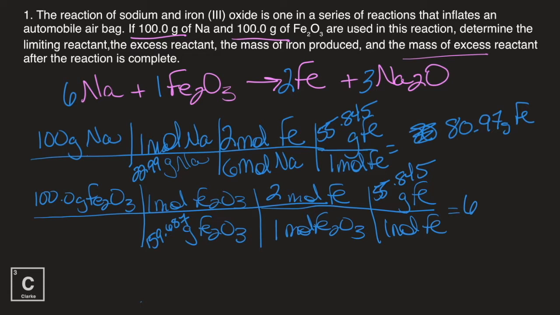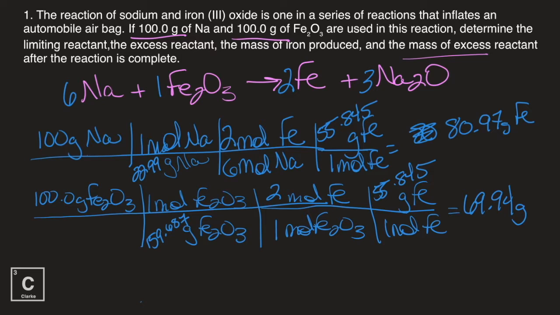Okay, let me put this next one in. Here I'm getting 69.94. Let's talk about what that means. If we have 100 grams of sodium, we could make 80.97 grams of iron. But we have this iron 3 oxide, and if we have 100 grams of that, we can only make 69.94 grams of iron.